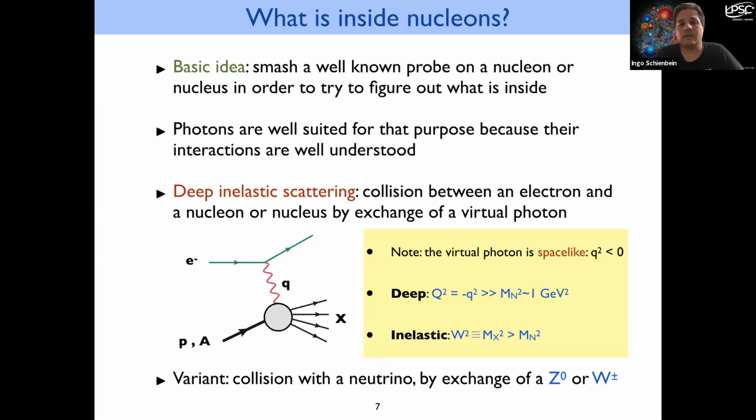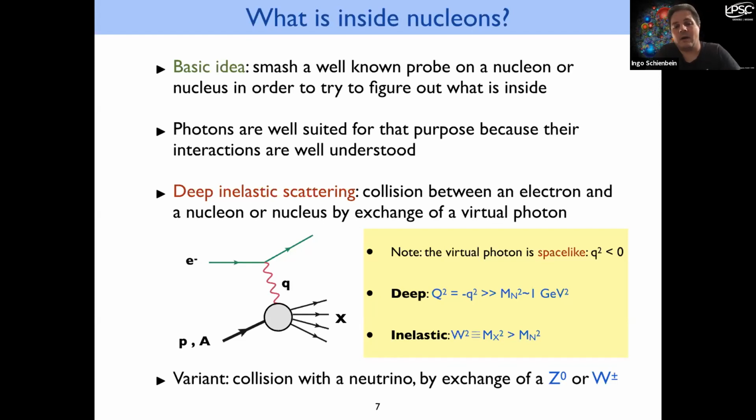So deep inelastic scattering can then be defined as the collision between an electron and a nucleon by exchange of a virtual photon, such that the virtuality of the photon, Q squared, is much bigger than the nucleon mass. That is the deep part of deep inelastic scattering.